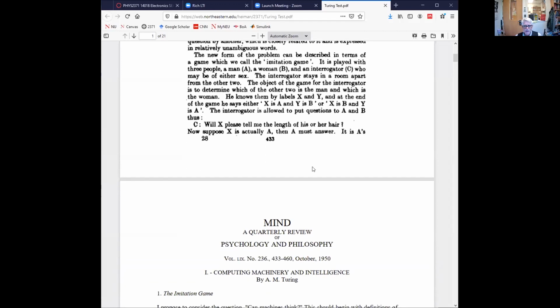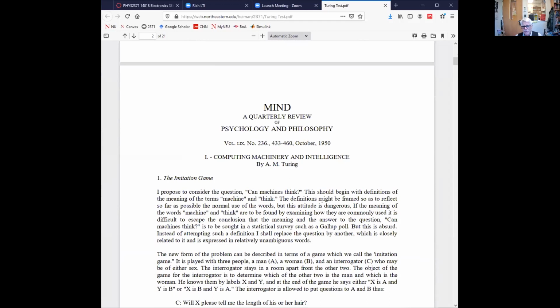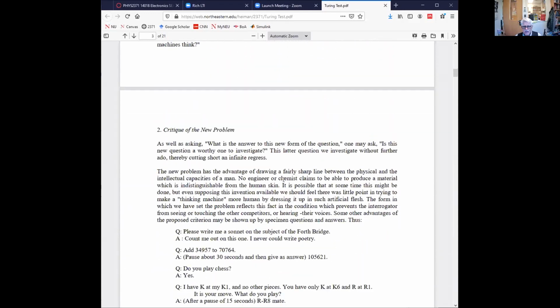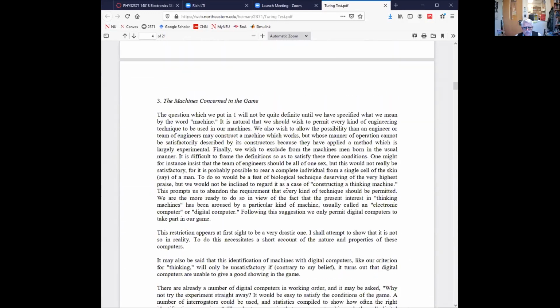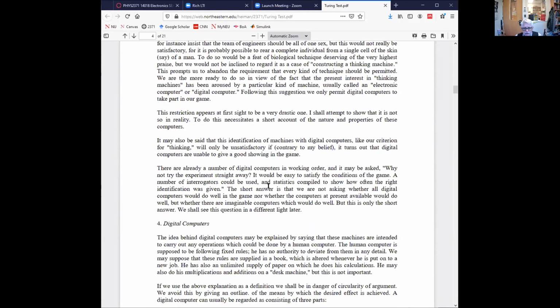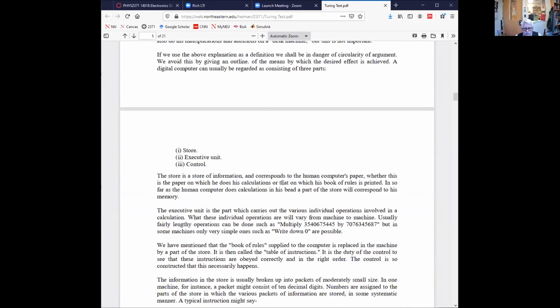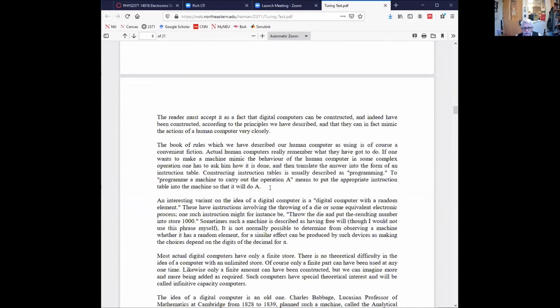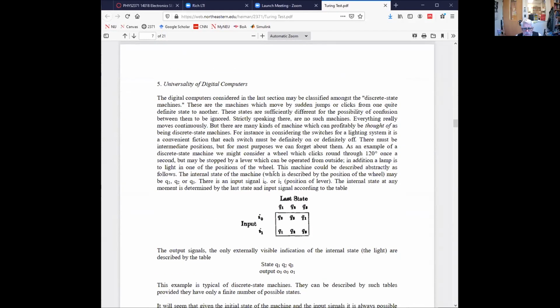So he went through this whole philosophical discussion about can machines think? And there's a lot of text here. I hadn't read it in some time, but I glanced over it again this morning. Let's see if I can find some things.